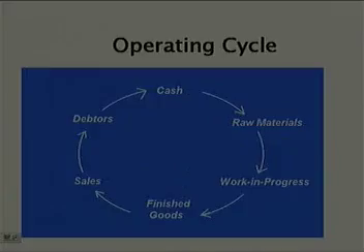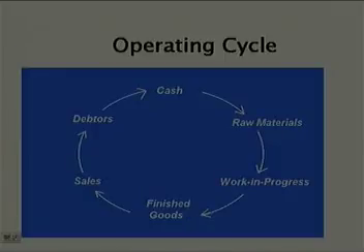Now, if you remember, we had defined net working capital as the difference of current assets and current liabilities, whereas we had defined gross working capital as the current assets itself. So, using this cycle, you can understand that if it were possible to complete the entire cycle within no time, there would be no requirement of working capital.